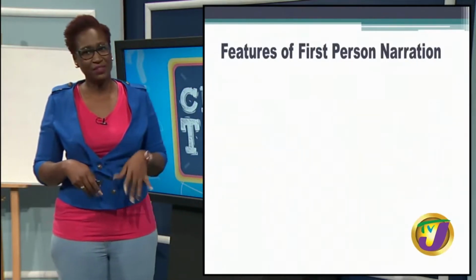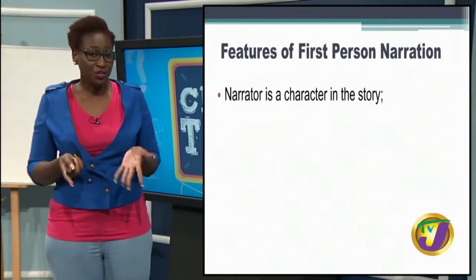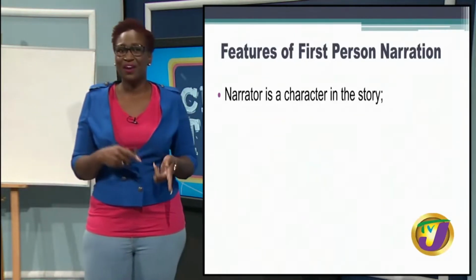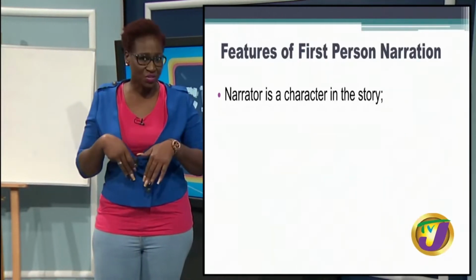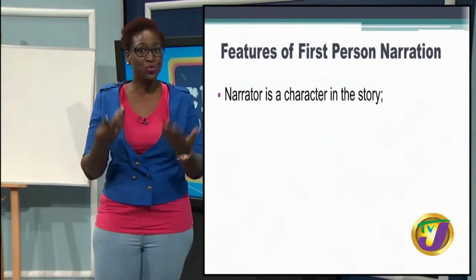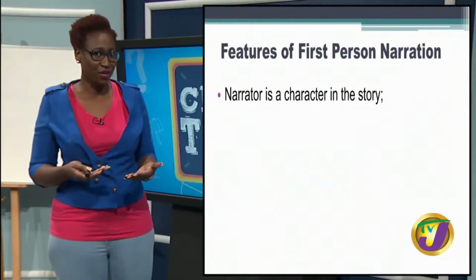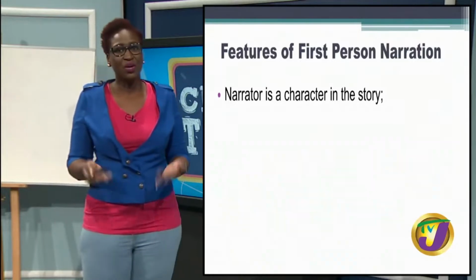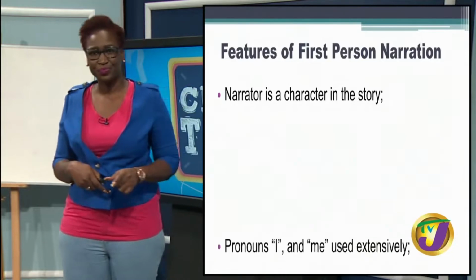So let's take a deeper look at the first-person point of view. One thing you need to know, the narrator is a character in the story. So someone in the story is telling the story to you. So think already of the stories like that you've read or are about to read, where the narrator is the one who is in the story.